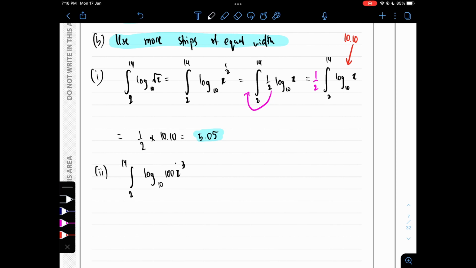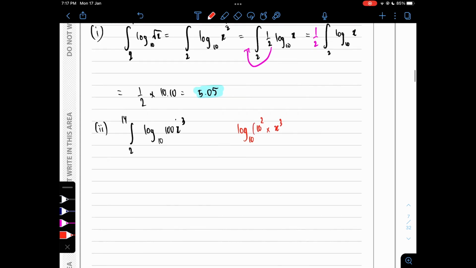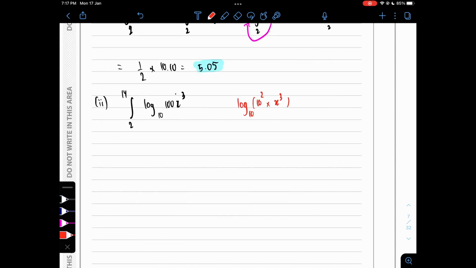Okay, so let's break it down. We can rewrite 100 as 10 squared multiplied by x cubed. Now, what do we know when we multiply inside the brackets of a log? Multiplying is equivalent to adding logs.